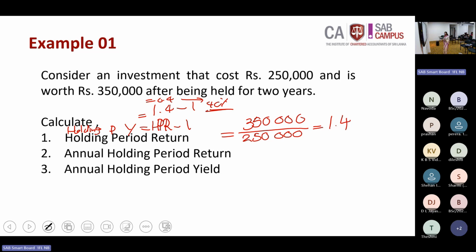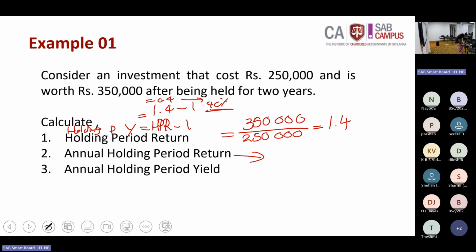That's okay. So then, annual holding period returns. How can you calculate it?